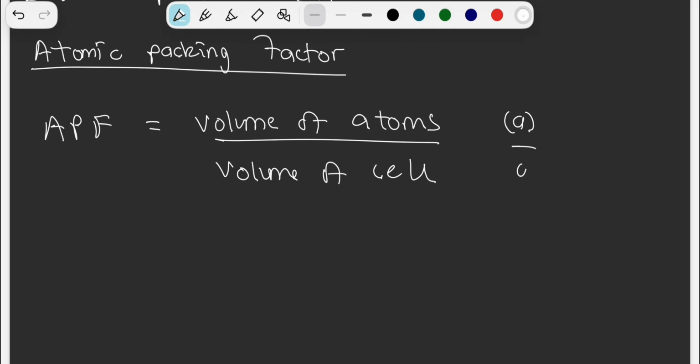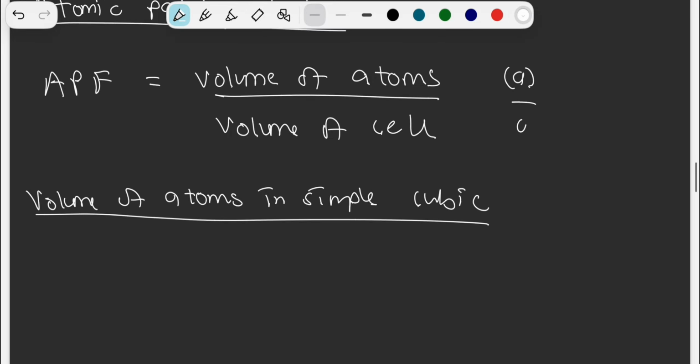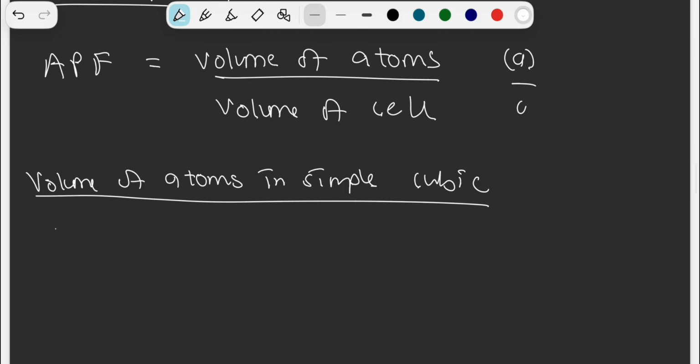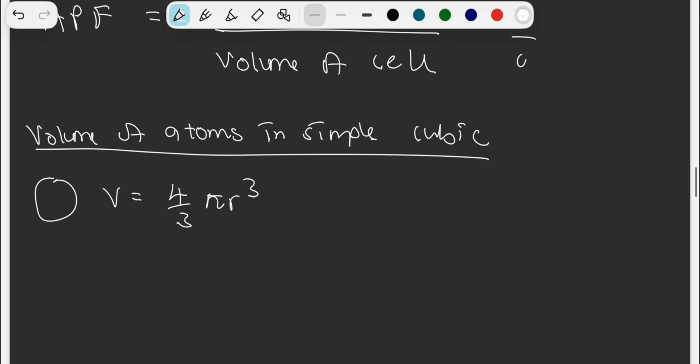The first thing that we need is the volume of atoms in simple cubic. The volume of a sphere is 4/3 pi r cubed. That's the equation you use to find the volume of a sphere.